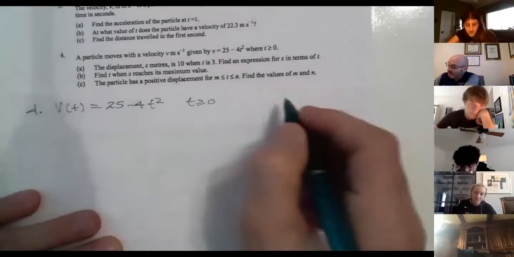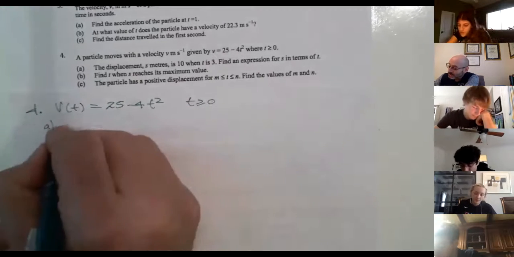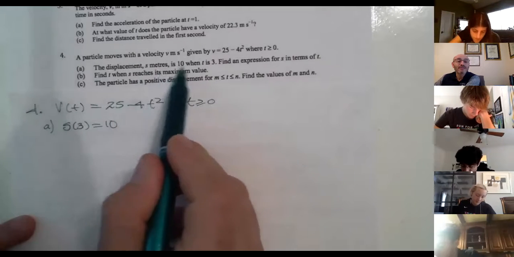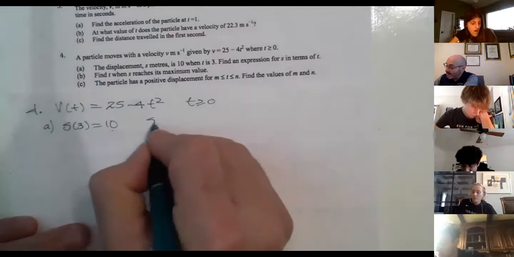Find an expression for s in terms of t. So they're giving us the following information. It says that when the time is 3, s of 3 is 10, right? That's the first sentence there. The displacement s meters is 10 when the time is 3.